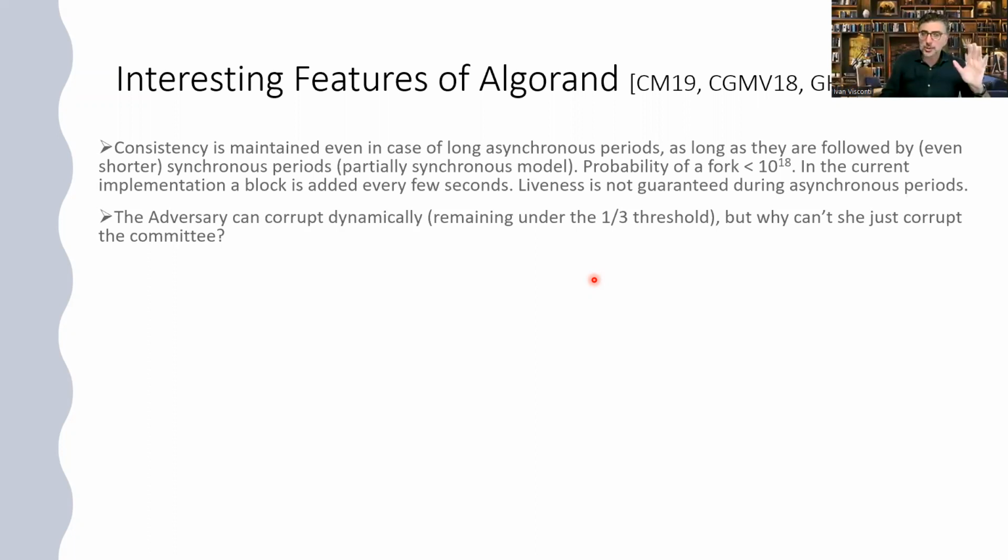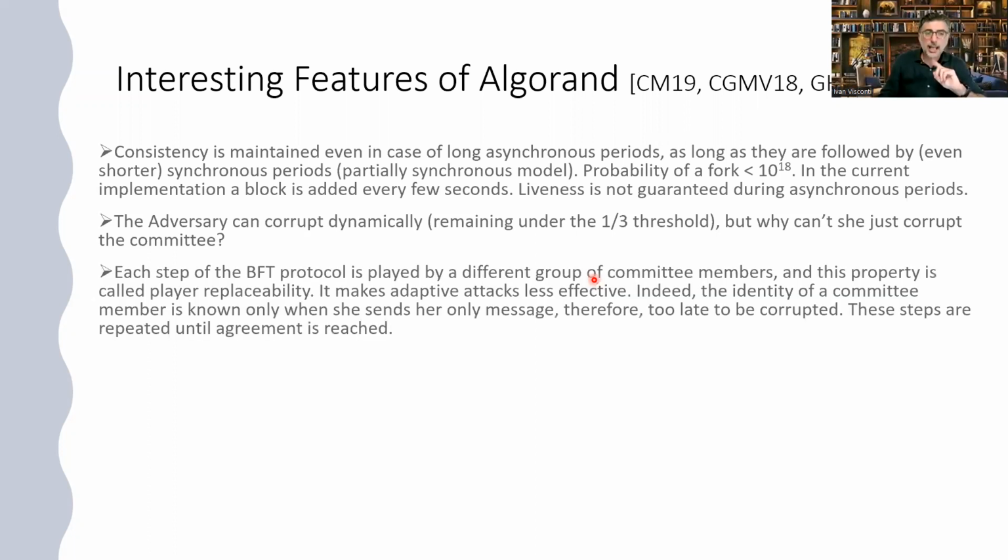So look, how do they solve it? The idea to solve it is actually extremely brilliant. The point is that the adversary doesn't know the identity of the committee. This is extremely brilliant. Inside Algorand they have a Byzantine fault tolerant protocol where every round is played by different subcommittees.